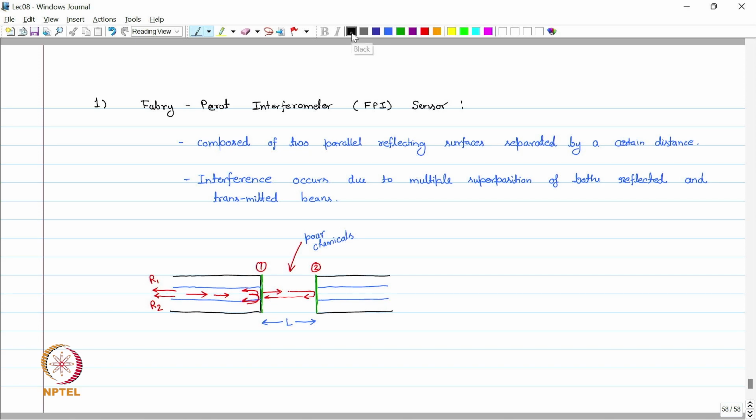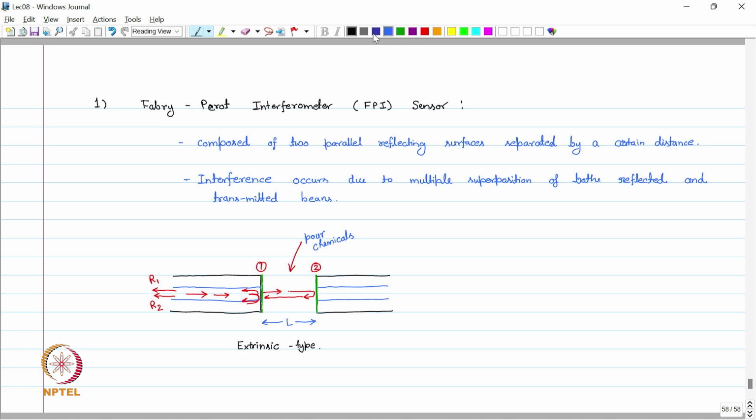This is the case of the extrinsic type, where we have cut the fiber here.